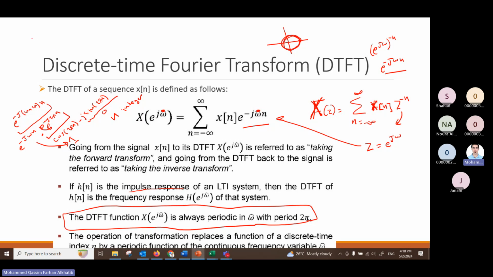So you start like this: e to the power minus j omega n, does it equal e to the power minus j times omega plus 2 pi n? That's how you start solving this question. Then you work on this expression using those values here, and you will get that they are both equal. So that's the proof.